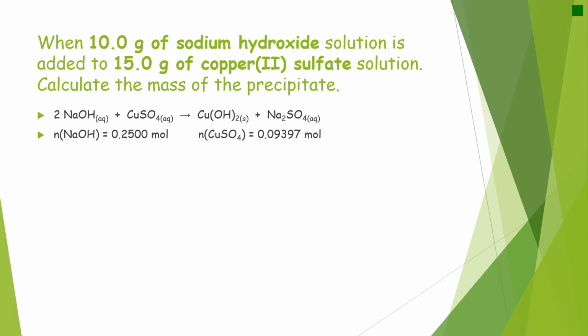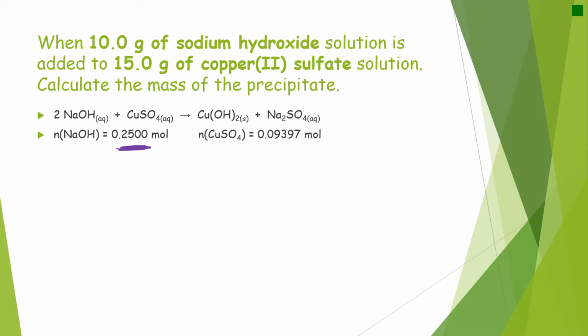Now we need to find the limiting reagent. The easiest method to do this is just the pick and choose method. Let's try one out. So I'm going to pick sodium hydroxide. I'm going to use my balanced chemical equation to find out how many moles of copper sulfate I need if I use up all of this sodium hydroxide.